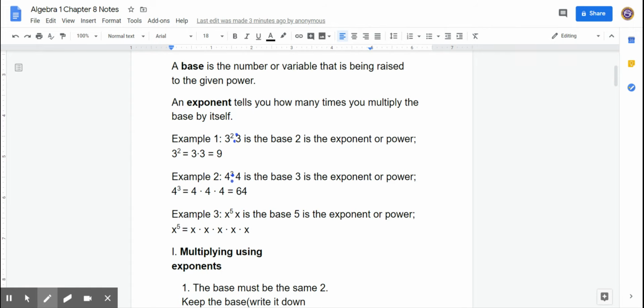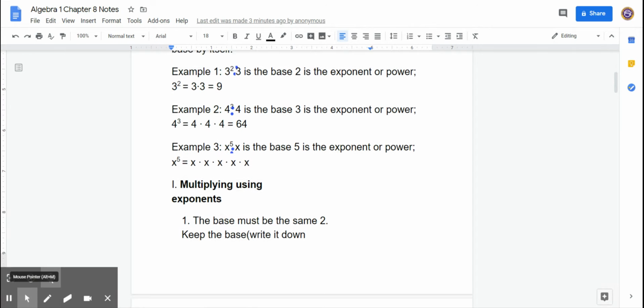X is the base, 5 is the exponent or the power. So x to the 5th means x times x times x times x times x. So the exponent or the power tells you how many times you're going to write the base and then multiply it.